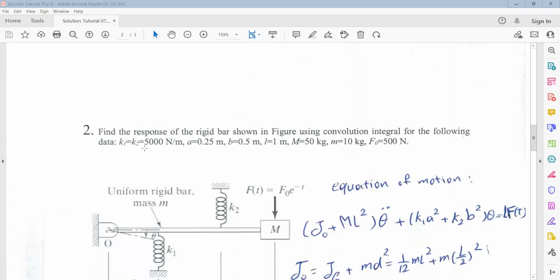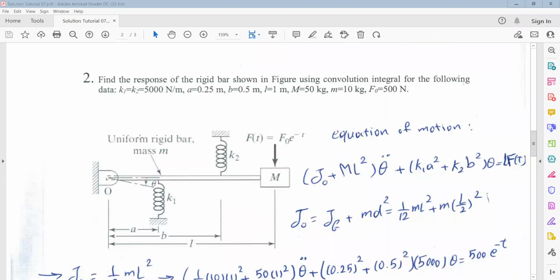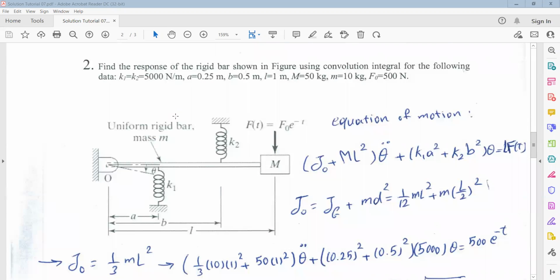The second problem: we want to find the response of the rigid bar shown in the figure using the convolution integral for the following data. In this case, K1 is equal to K2 is equal to 5,000 Newton per meter. A, the distance between the spring K1 and point O, is 0.25.